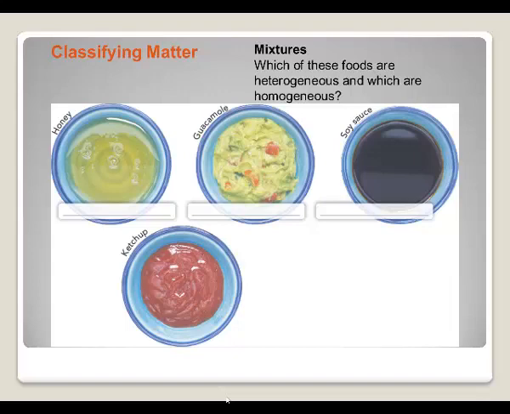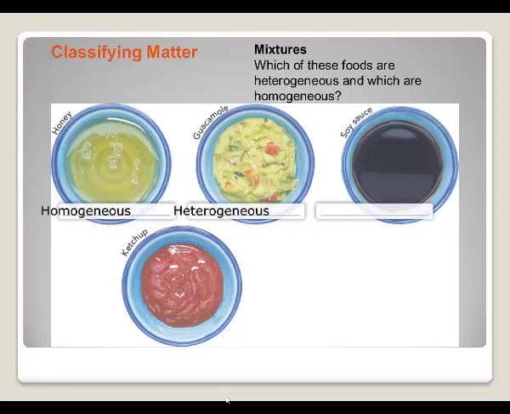Honey, if we look real closely there, we can't really even see any separate parts. Honey would be a homogeneous mixture, and honey would not allow you to separate out any parts. Guacamole, the dip, you can see where there's different pieces or parts added to it.